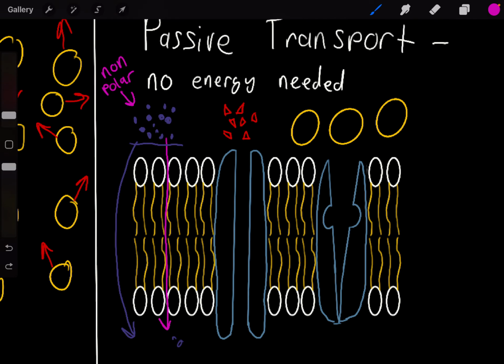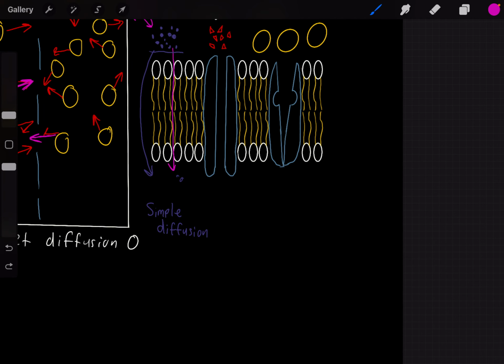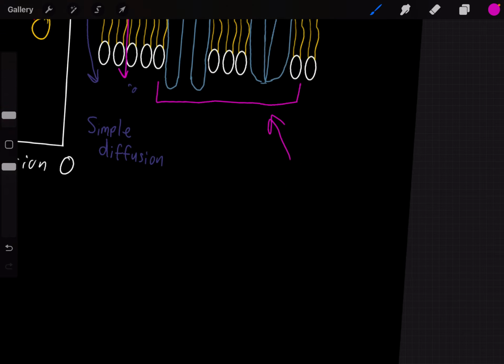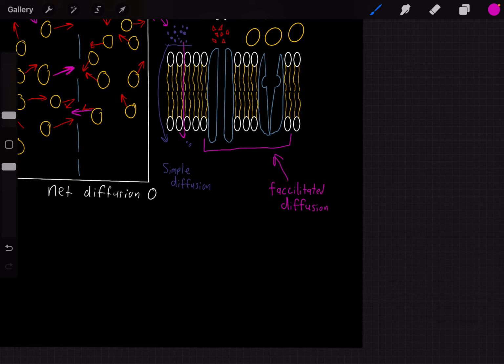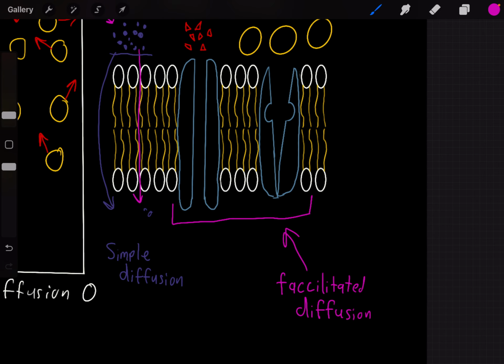Another type is facilitated diffusion. These two right here, using proteins, is called facilitated diffusion. We have two types of facilitated diffusion: channel proteins and carrier proteins.